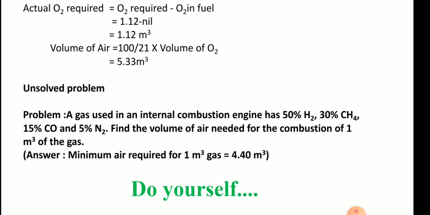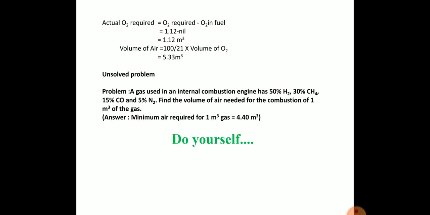Then the percentage is converted into meter cube, and after that write down the combustion reaction. After writing the combustion reaction, calculate the total oxygen required. Again oxygen is absent, so actual oxygen required is calculated, and then the volume of oxygen is put in the formula of volume of air required equal to 100 upon 21 into volume of oxygen, and the numerical value comes to be 4.40 meter cube. This is a very simple numerical, you can do it yourself.